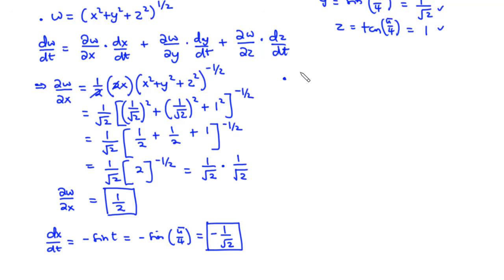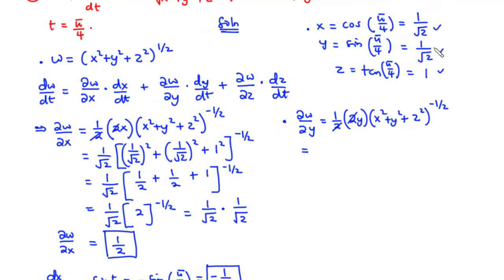Now let's move on to the partial derivative of w with respect to y, and that will be equal to, for this same function, we drop down the exponent, we differentiate what's in the bracket with respect to y. We have 2y. We are going to repeat what we have in the bracket, and then we are going to reduce the exponent by 1. So 2 cancels out 2, we have y, and y here is 1 over root 2.